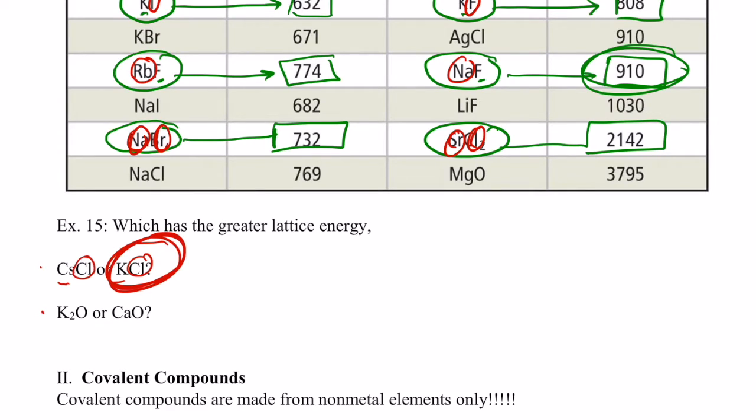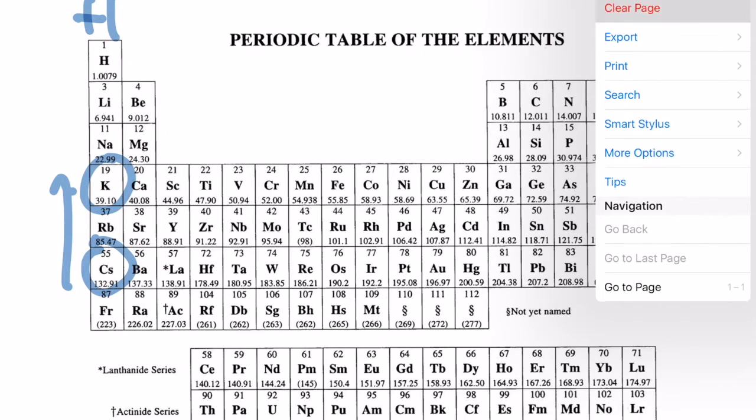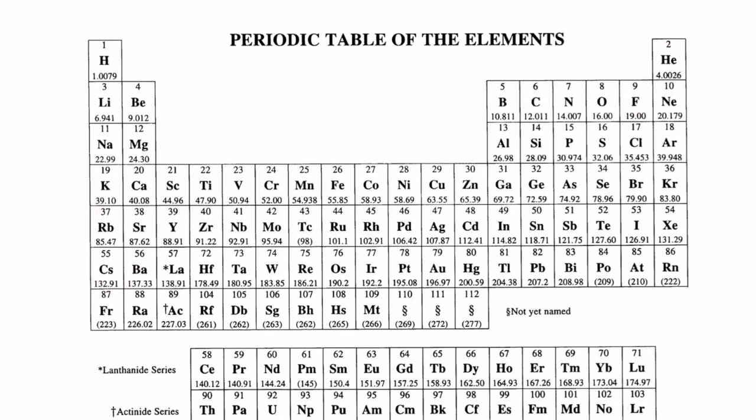Okay, next one. Potassium oxide or calcium oxide. They're both bonded to oxygen. They're both the same radius and charge as far as the negative ion is concerned, but potassium versus calcium. So let's take a look at those on the periodic table. All right, potassium versus calcium.